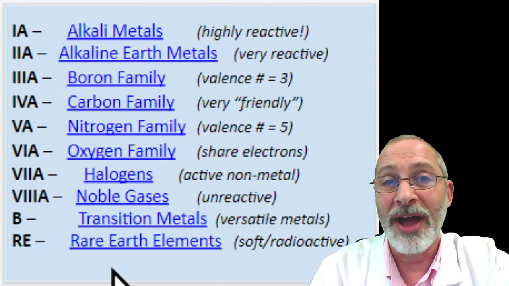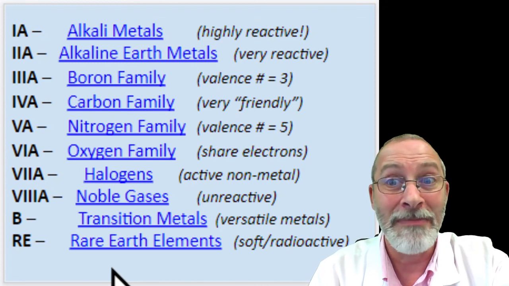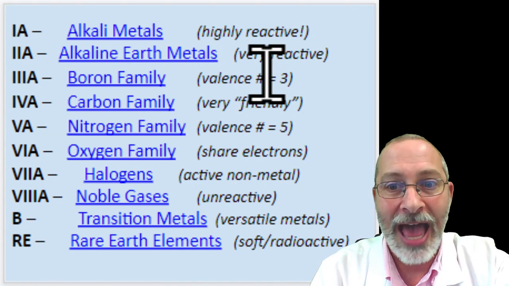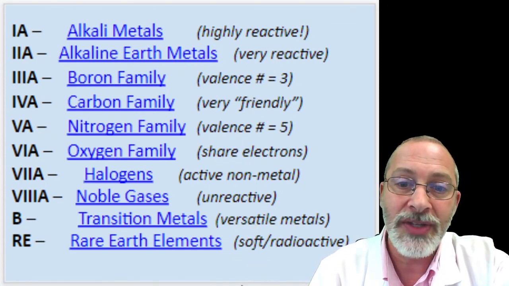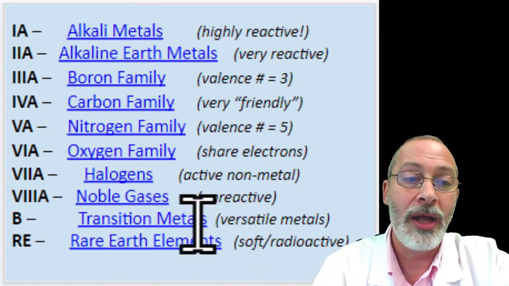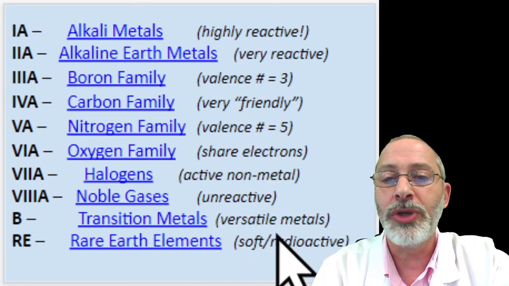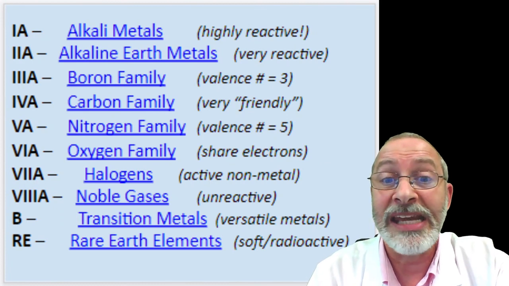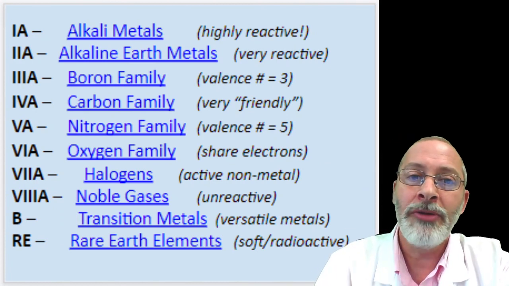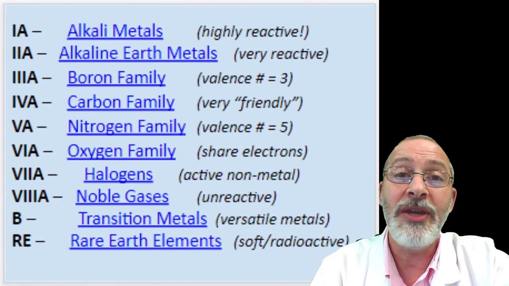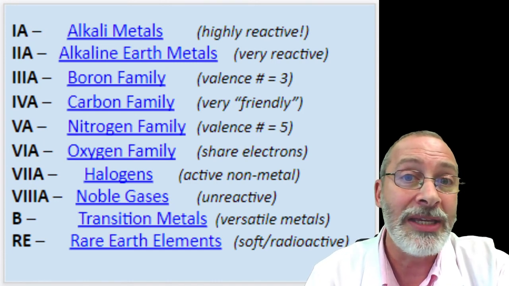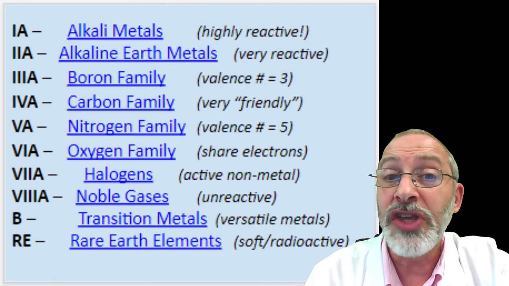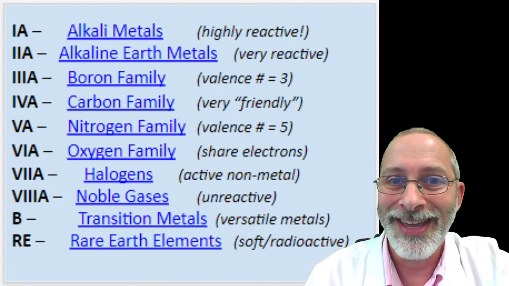You're going to start with my favorites here, the alkali metals. You will see why they are highly reactive. Watch the rest of these groups as well. And also in your book, you'll find a place where you should write down these descriptions of the family names. So for the remainder of the time, check out the video clips and see what your favorite family is as well. And maybe we'll have a family feud later on.